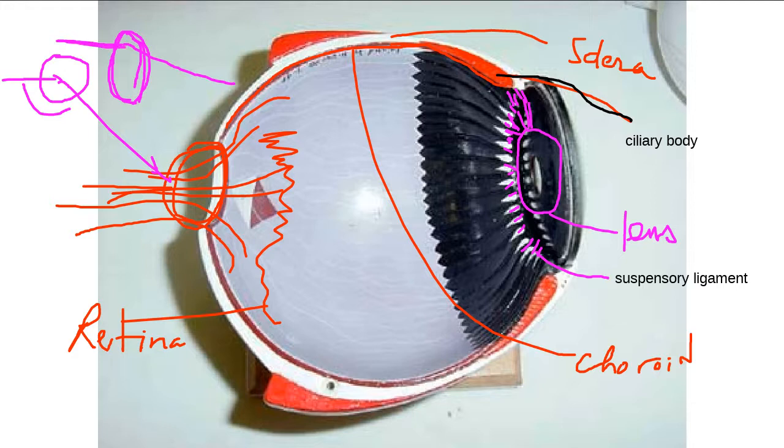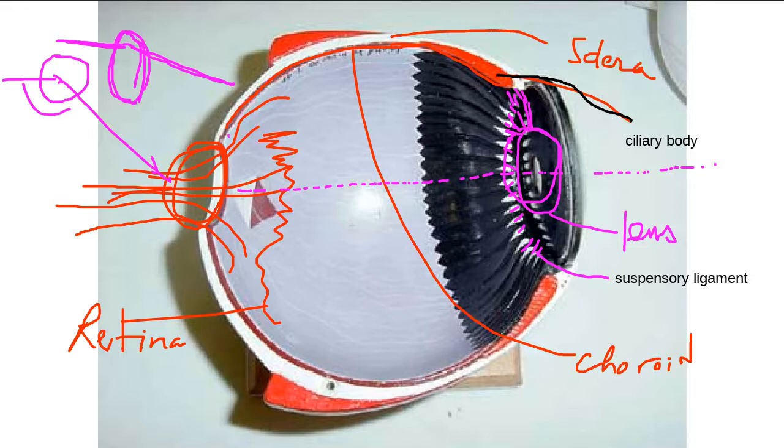What's the purpose of that? The purpose is that you want all the light to go through the pupil and through the lens here, and go back into a place that has a lot of cones and rods.